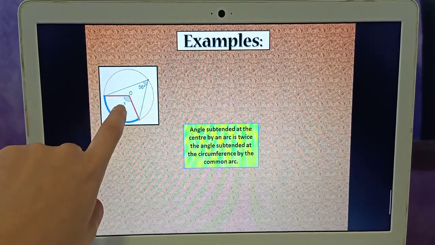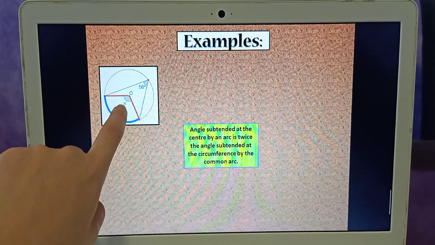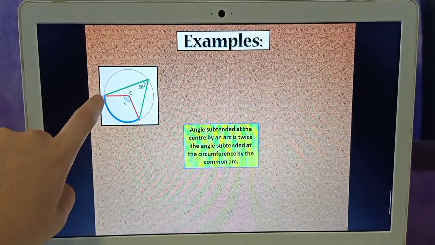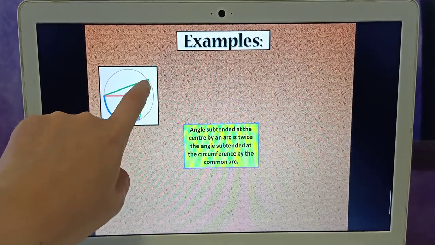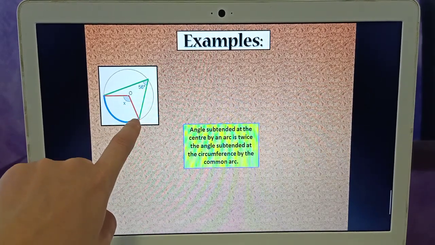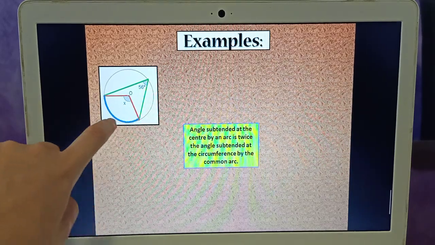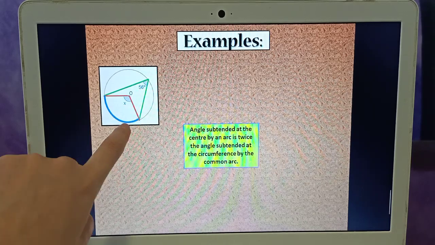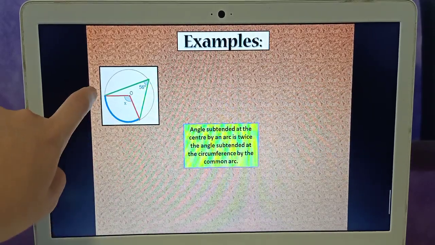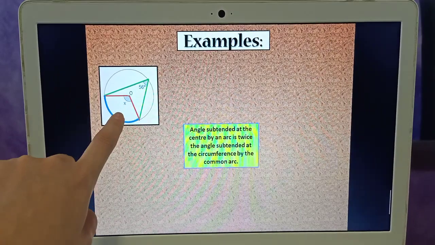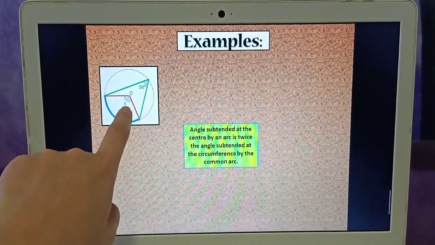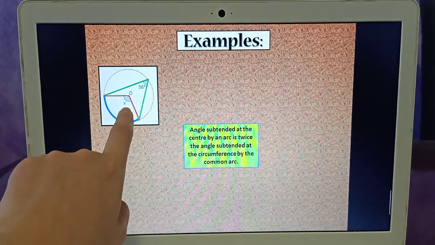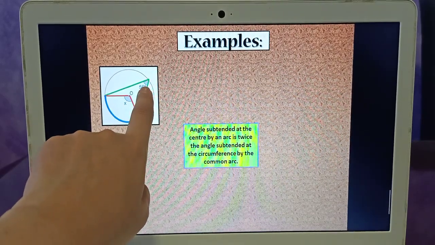And this angle 56 degrees is actually angle subtended at the circumference because it is formed by two chords with the common arc here, the blue one. So this angle and this angle are subtended by the common arc. What is the relationship between these two? This one is 2 times this one, right? Because angle subtended at the center is twice the angle subtended at the circumference.